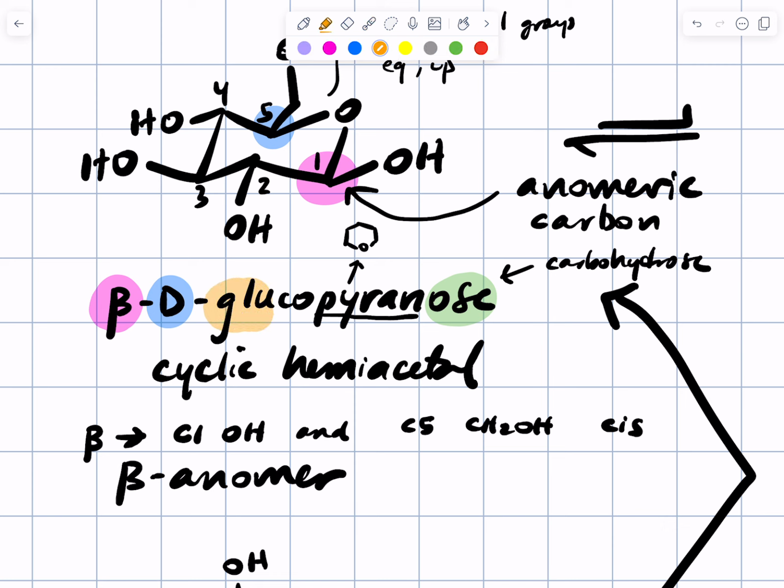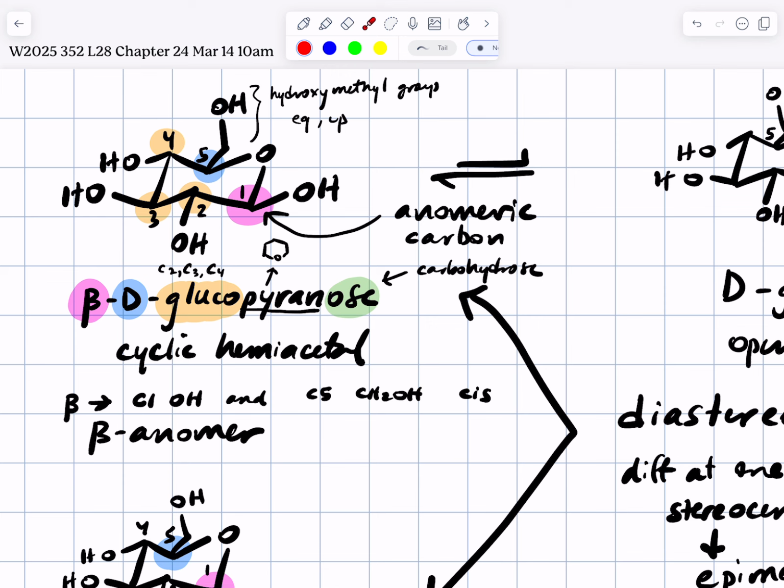Lastly, gluco refers to configuration at C2, C3, and C4. Glucose is the easiest one to memorize because when you draw beta-D-glucopyranose, you draw a chair with an oxygen in it.